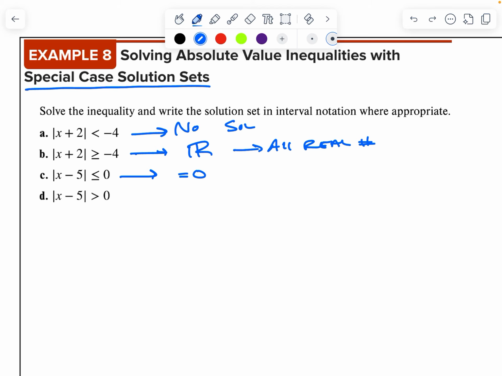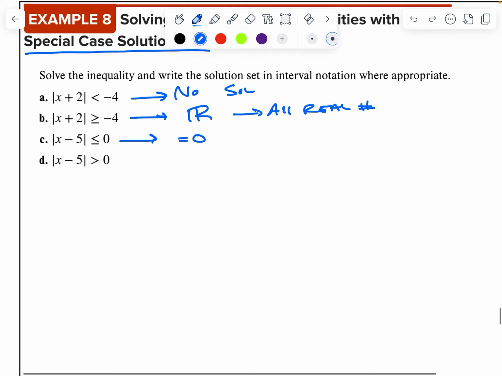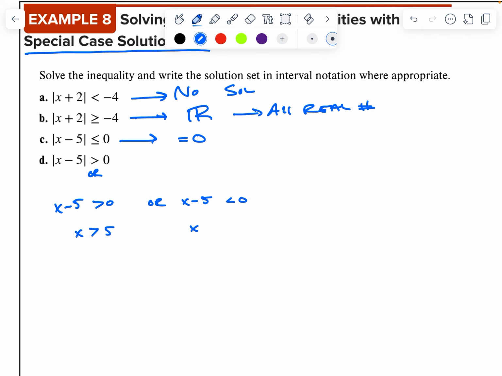If you ever have one that's greater than 0, let's just check this one out and see what happens. If we have one that's greater than 0, that means when we break it in half, this is an or. x minus 5 greater than 0, or x minus 5 less than -0, which is just 0. That means x is greater than 5, or x is less than 5. That means everything except for that number, right?